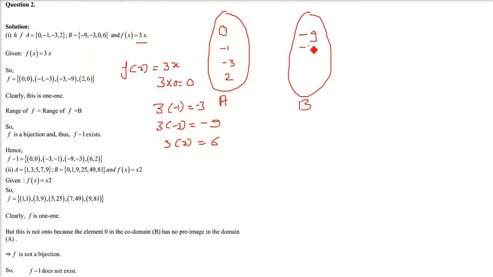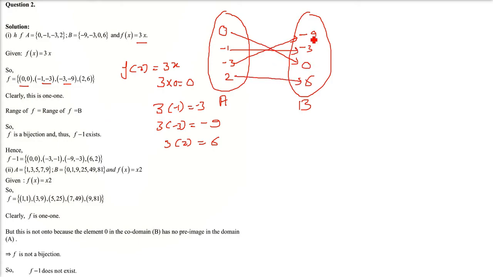So 0 is mapped to 0. -1 is mapped to -3, as I just told you, 3 into -1 is equal to -3. -3 is related to -9, since 3 into -3 is -9. And 3 into 2 is 6, so 2 is related to 6.